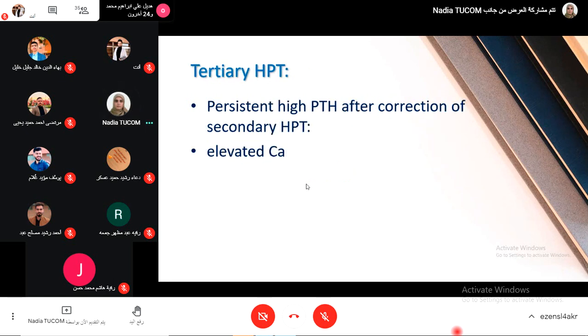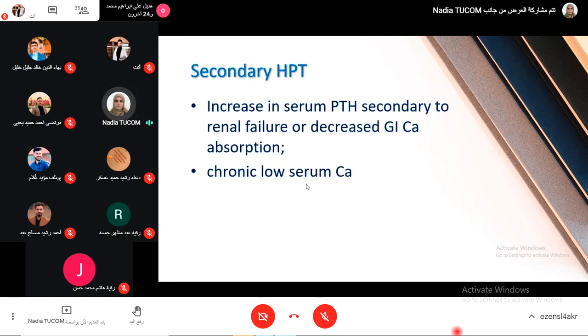The laboratory findings: there will be chronic low serum calcium, in addition to excess phosphate because of the impaired kidney function.